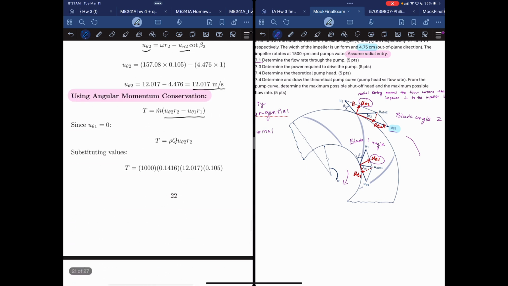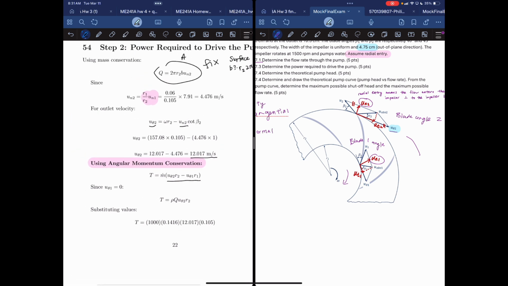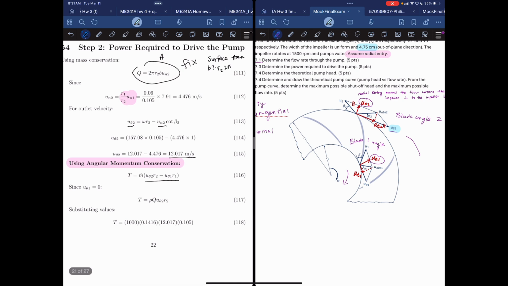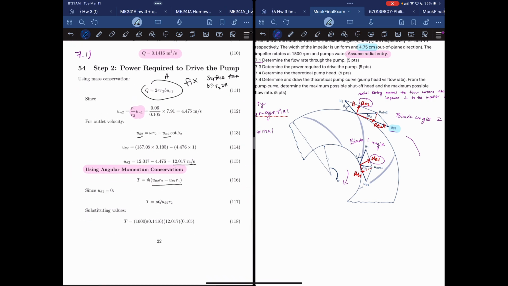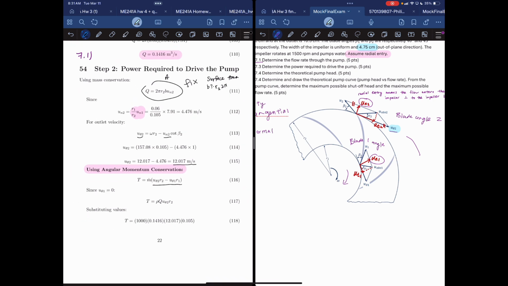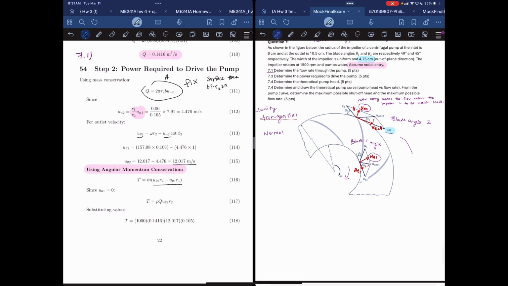Any questions? So for theta 2, we are looking at the outlet, and that's why we use beta 2.